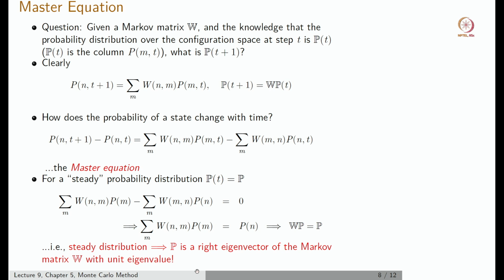Okay, so this is already very interesting. I need to look for steady states of Markov matrices. So what will be our strategy to make a walk in the configuration space that will sample my probability distribution according to the Gibbs weights of each of these configurations?